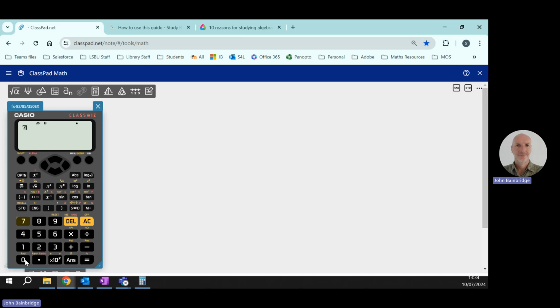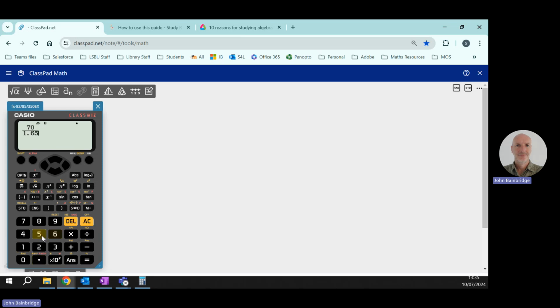So I do 70. On this calculator, I can divide by the answer that I just got, and I'll get this value here. The advantage of having a scientific calculator is I can put in a fraction where it's got this sort of display. I can put it in as a fraction exactly like it appears in the formula, and this is very useful, especially when you've got a more complex formula.